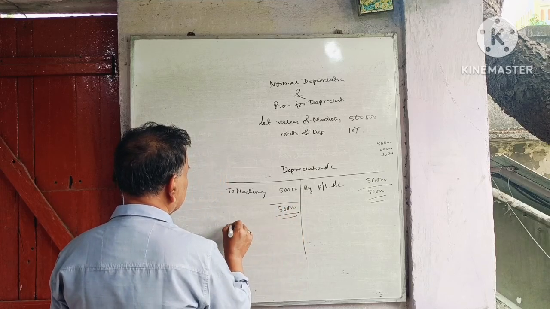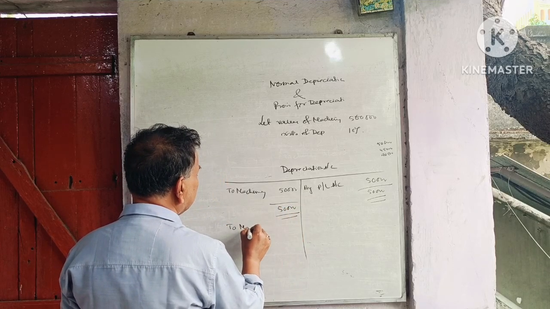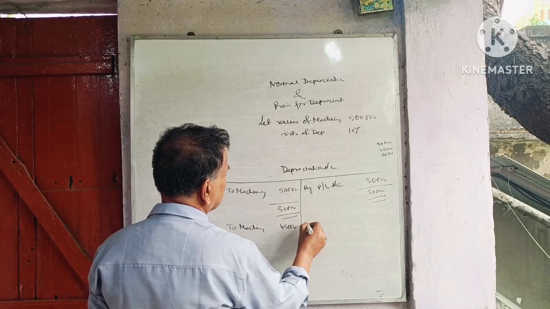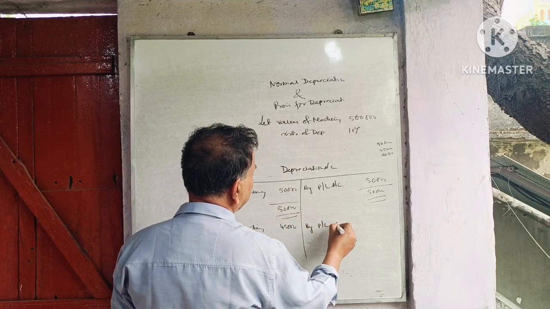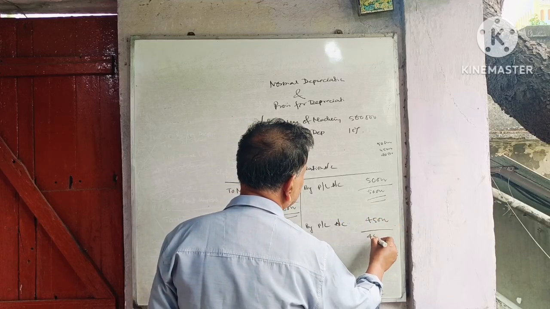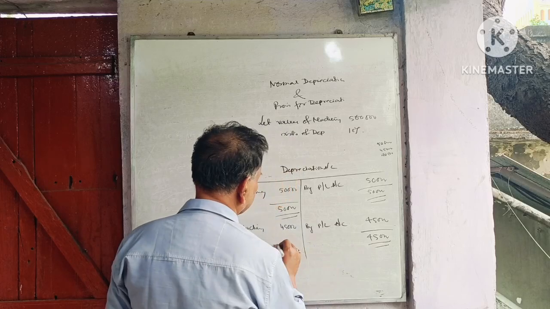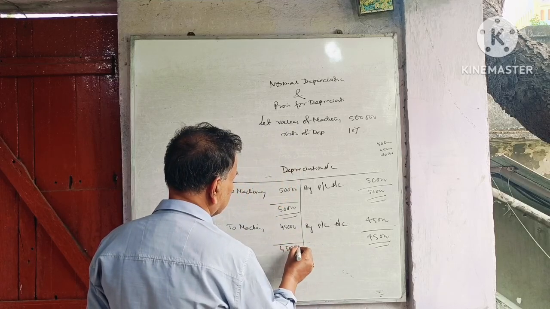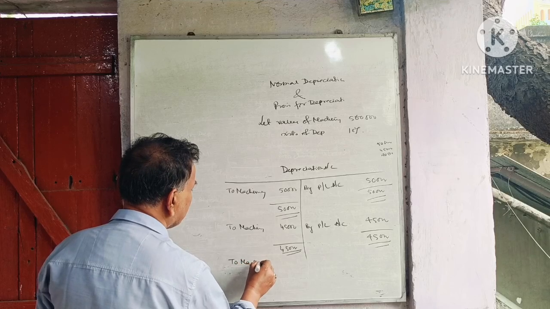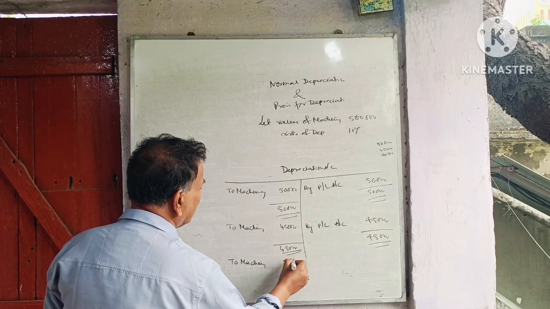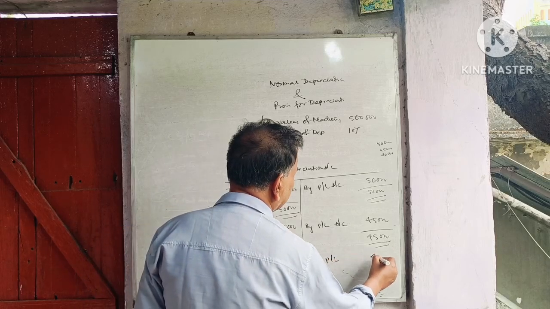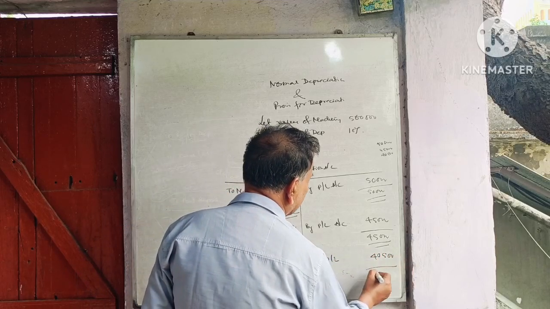In the second year, again depreciation account debit to machinery 45,000, transfer it to PL, by PL account 45,000. In the third year, to machinery 40,500, by PL it will be transferred, 40,500. Accounts will be closed.